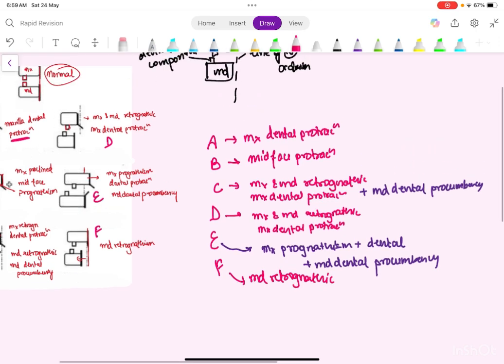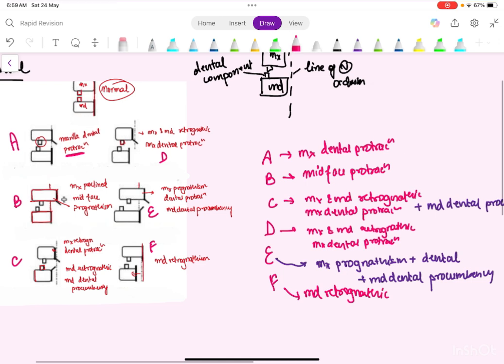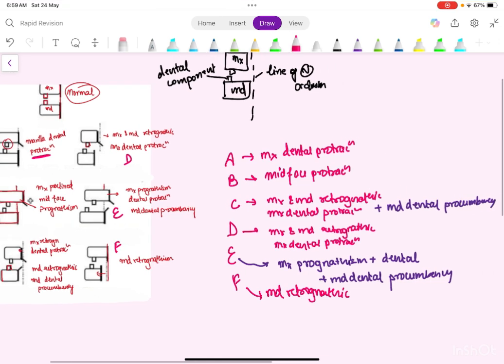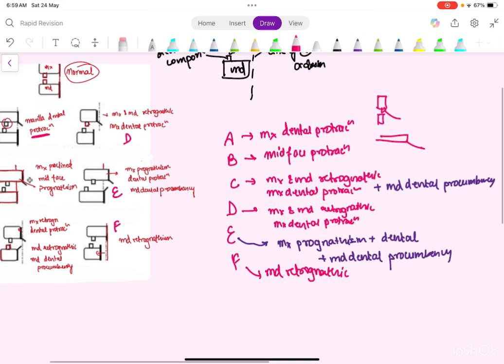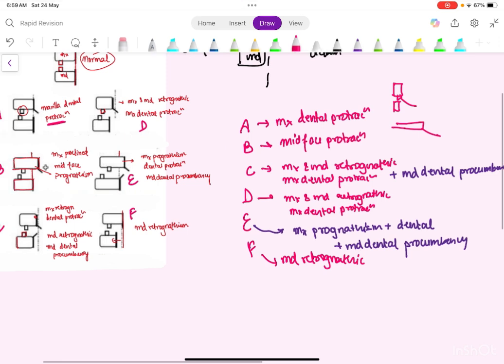If you really have to draw the diagram, for maxillary dental protraction, the dental part means one tooth will be forward. If it is mid face, then the maxilla is forward. If the maxilla and mandible are retrognathic but there is dental procumbency, then you will have two arrows.